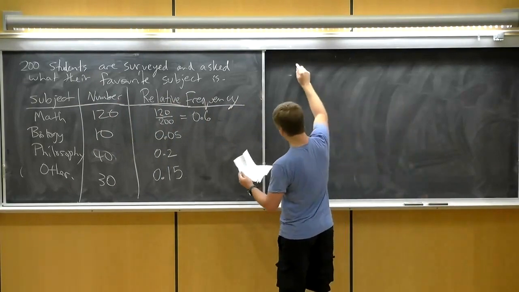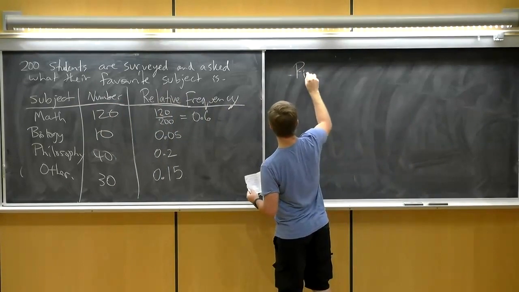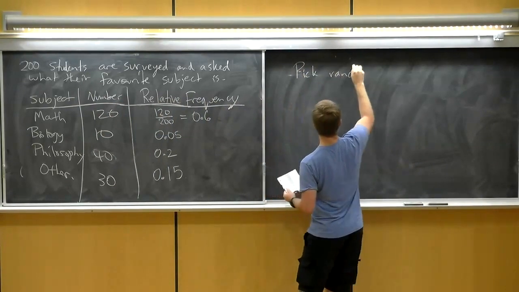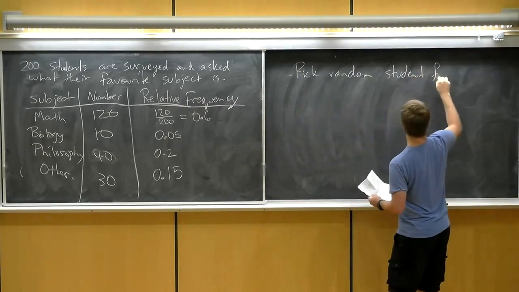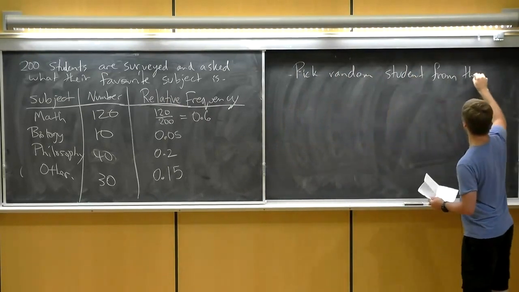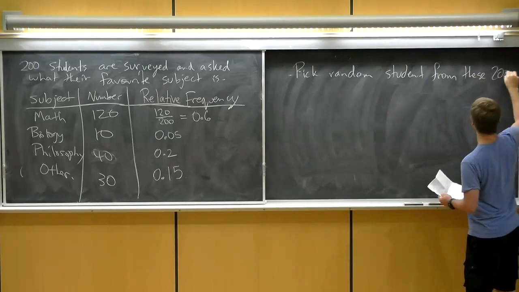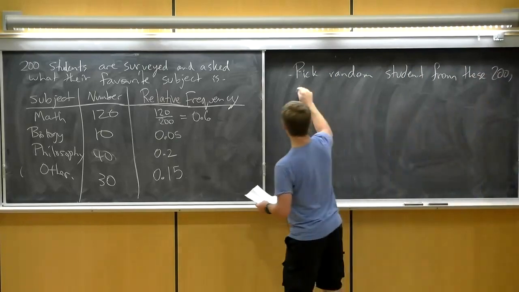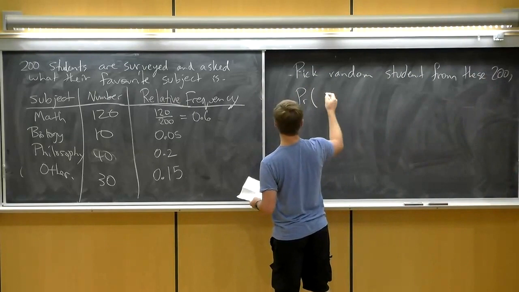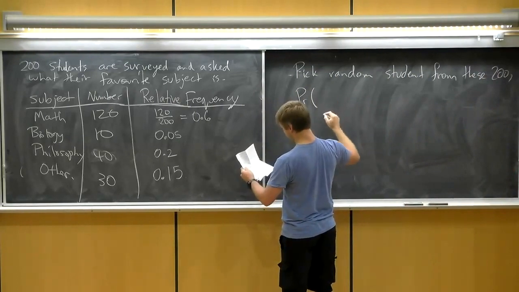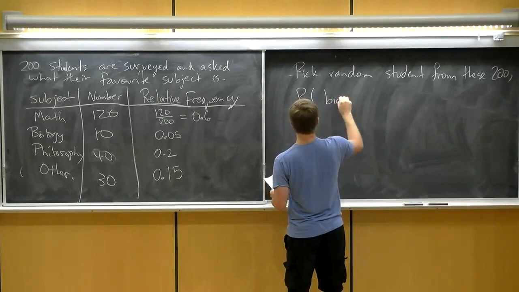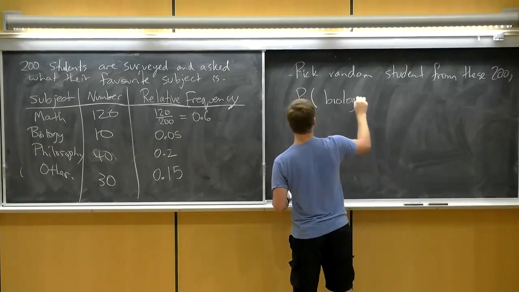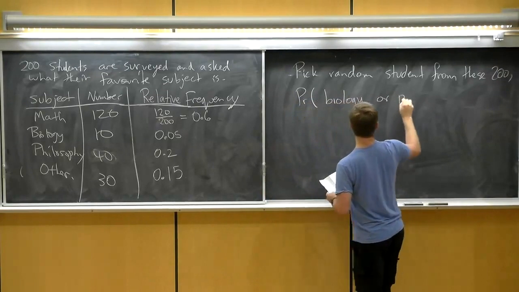So if I pick a random student from these 200, then for example, let's say the probability that they like biology or philosophy.